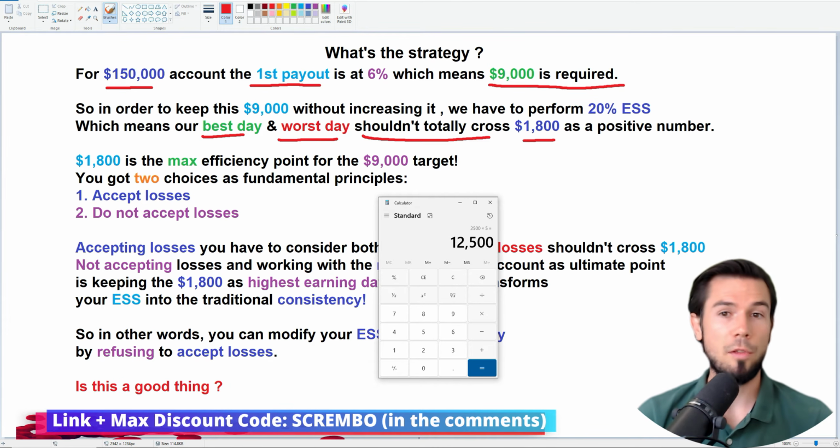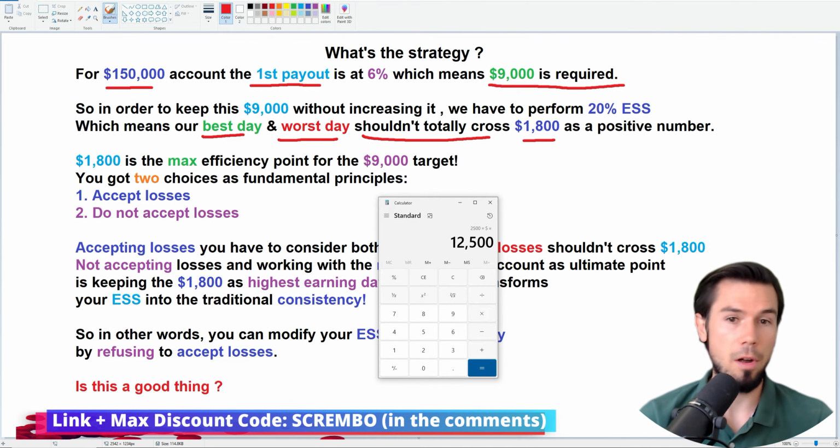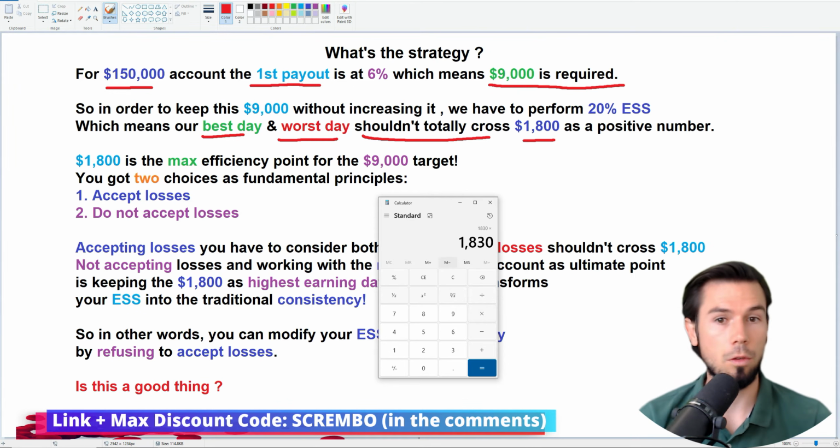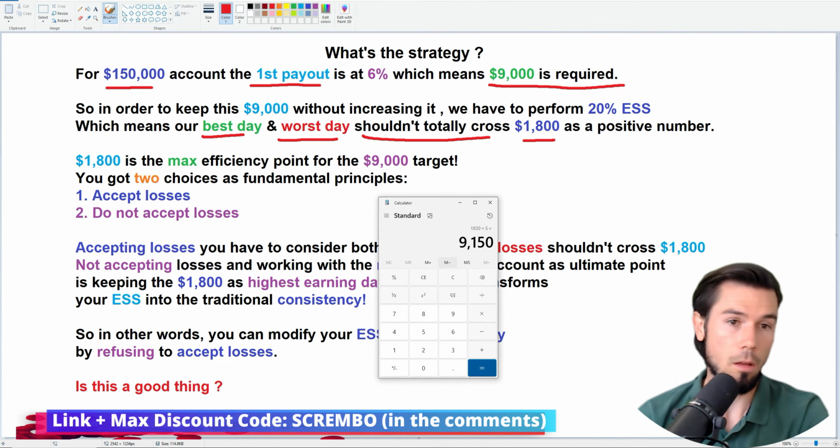I mean, it's not an issue if you have 1,830, for example. Let's do the math. Times 5, you have to make 9,150. So because of that $30, you have to make 150 extra. You can easily do the math. You also multiply, times 5, you get the 150.